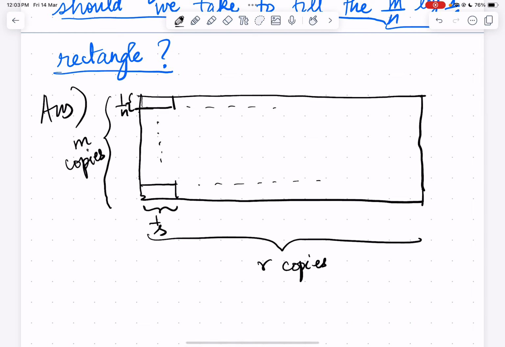Then we get a division in this format. We can divide into little rectangles with sides 1 by n and 1 by s.